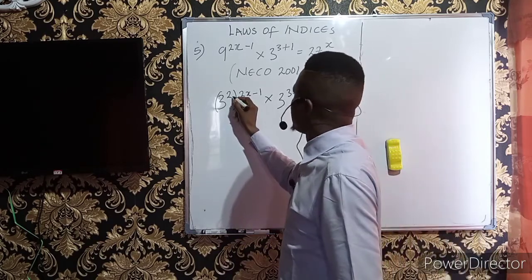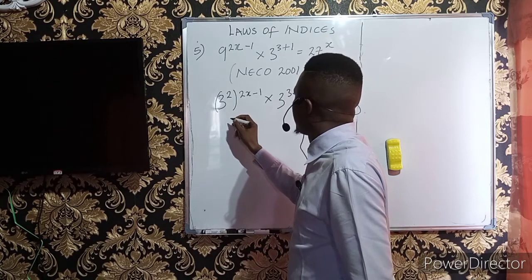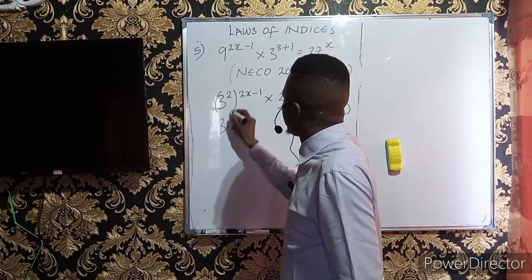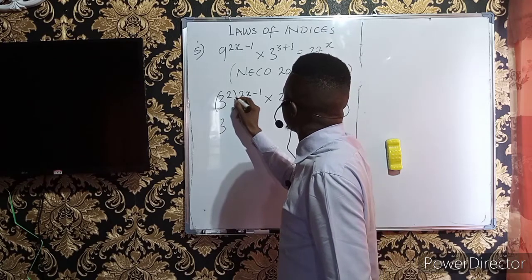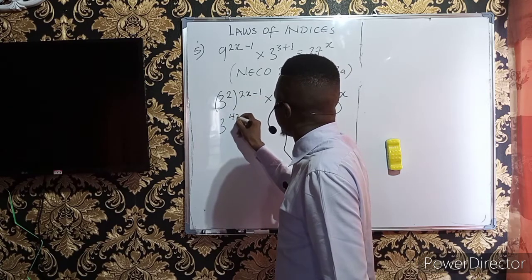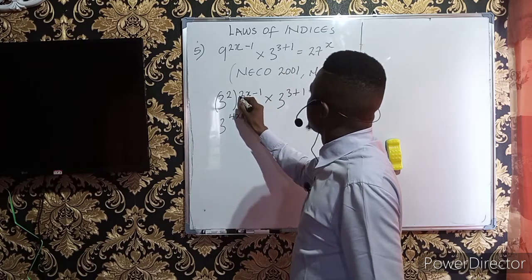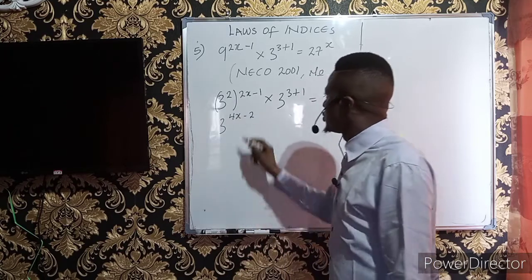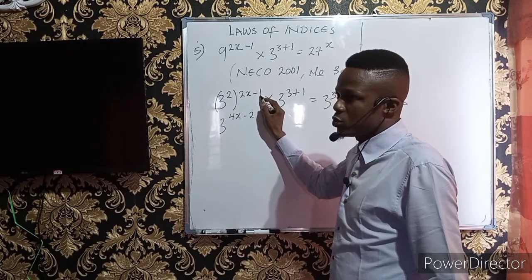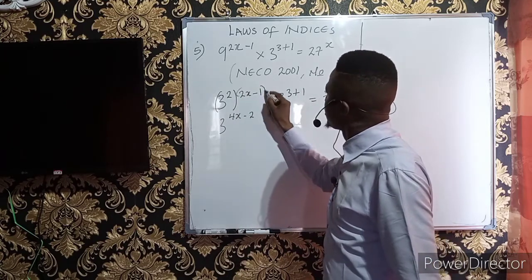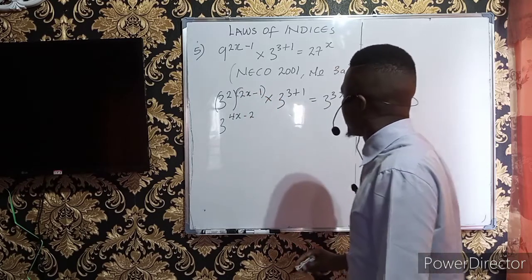So we open the bracket using the 2 to multiply everything we have in here. So this can be seen as 3 power of 2 times, this will give us 4x minus 2, because these are multiplying out. So the 2 is not just times 2x, it's also times this one here. Or to be sure of what you are doing, you can enclose it with a bracket.